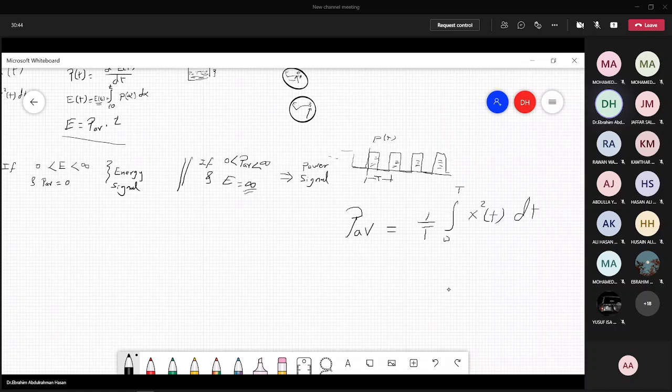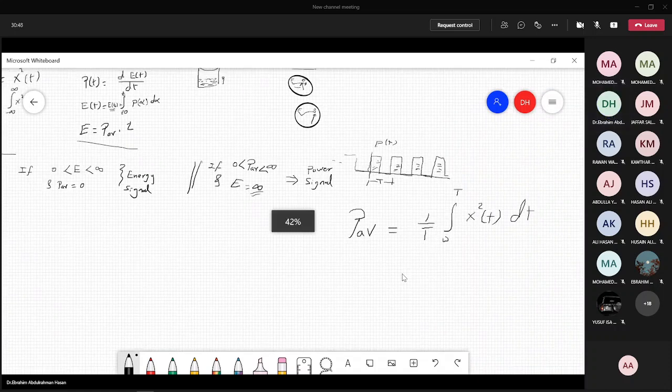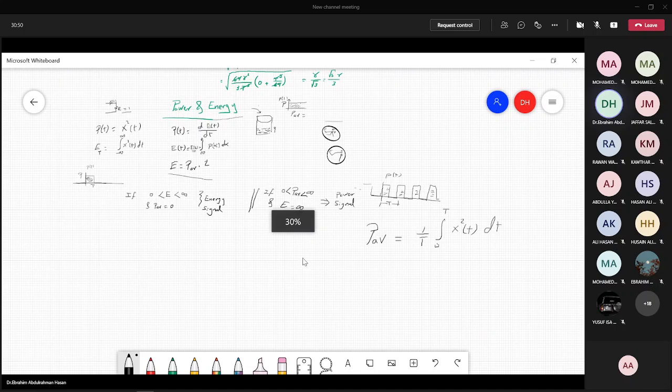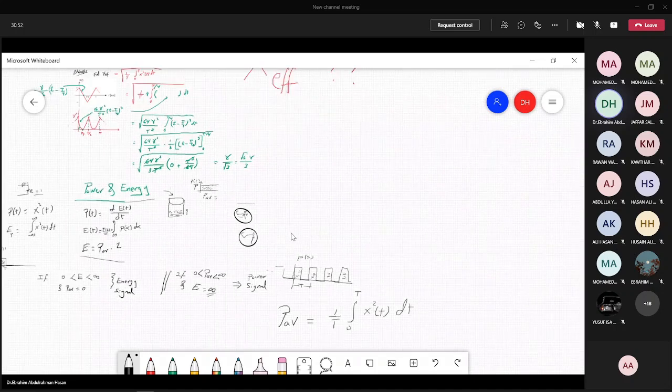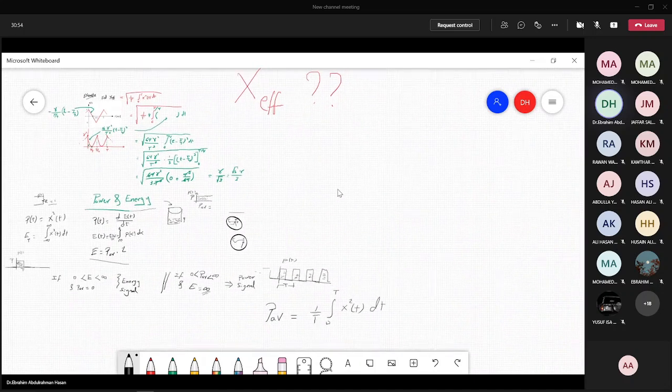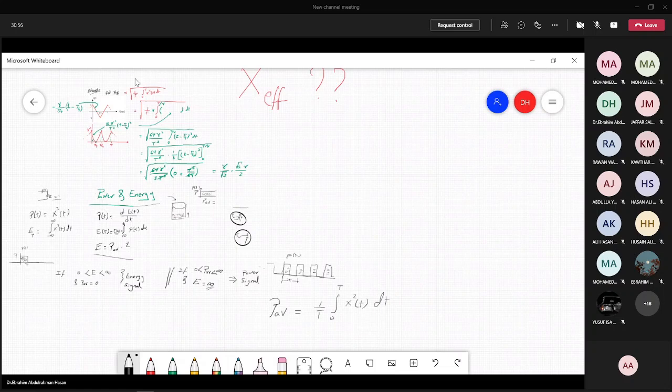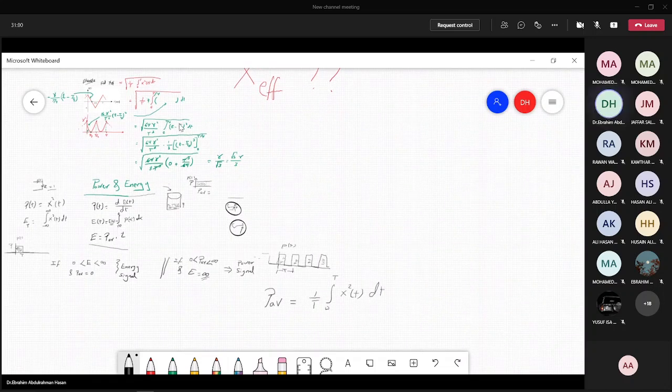This is similar to this one. What is the difference? Here we have a square root. It means that if I have x effective and you square it, you will get this one.